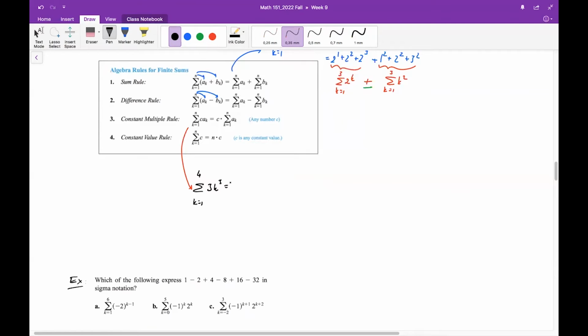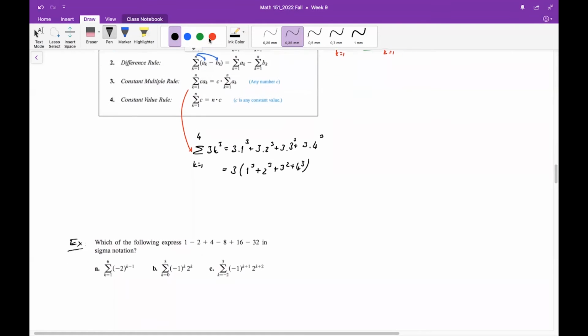So this looks like how? 3 times 1 cubed, 3 times 2 cubed, 3 times 3 cubed, and the last term will be 3 times 4 cubed.